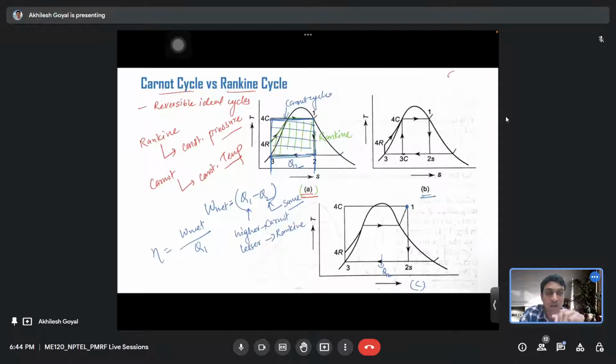The second case is when we receive steam in saturated state at the boiler. The third one is superheated steam. In all these three cases, the Carnot cycle efficiency will be higher compared to the Rankine cycle.